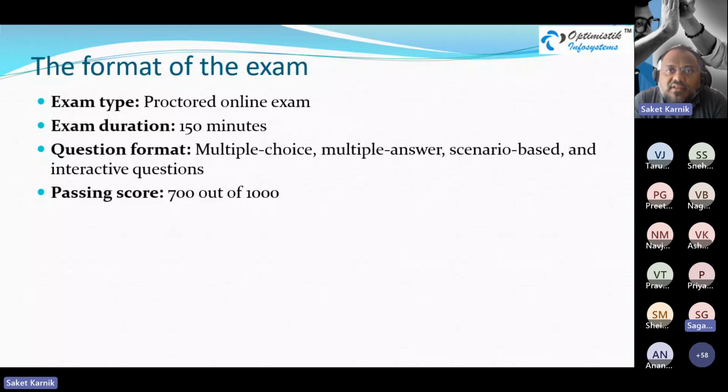Interactive questions means what? Like suppose I want to create a storage account. How do I create a storage account? There are some 6-7 steps involved. The steps will be jumbled up. You just need to arrange them in the correct sequence with drag and drop features that will be enabled for that question. So that will be more interactive questions.